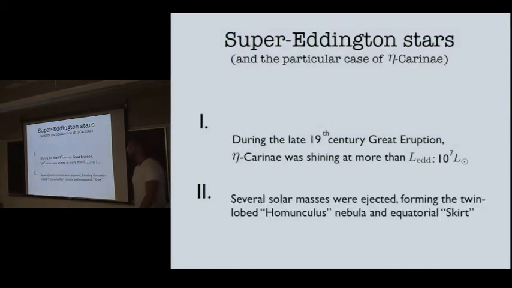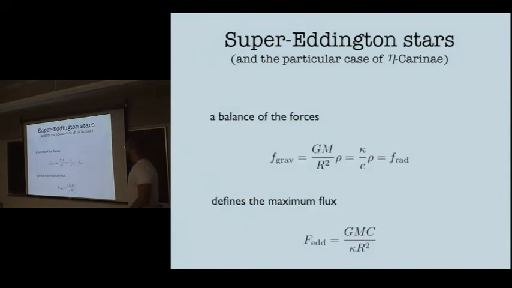So what is the Eddington limit? Well, the Eddington limit is essentially 4 pi r squared times the Eddington flux. So you see that it depends on the mass. So the question, what is the Eddington limit of eta-Carinae, is essentially a mass-dependent answer.